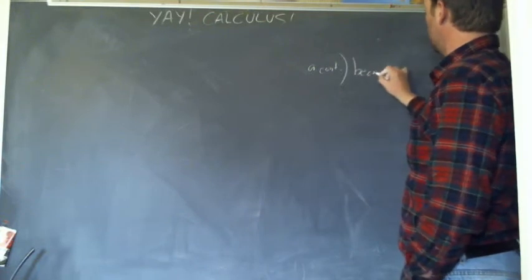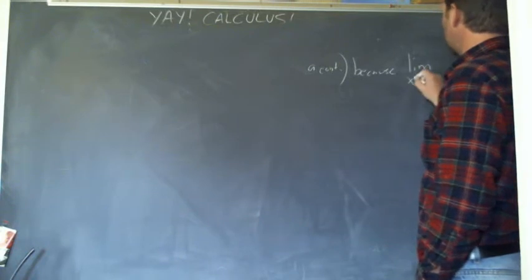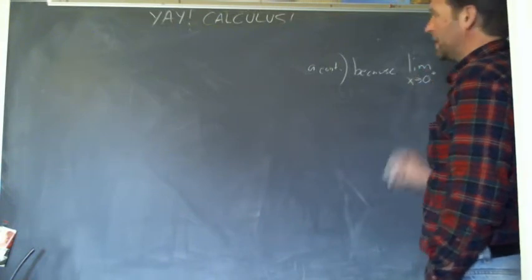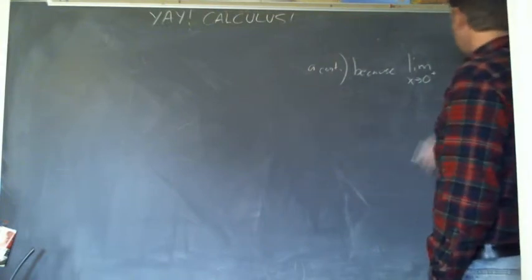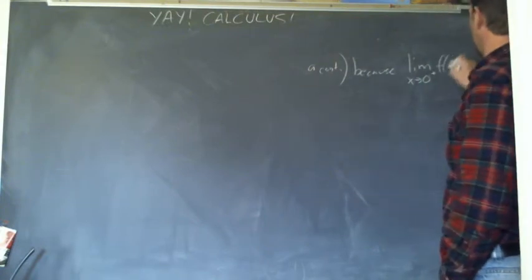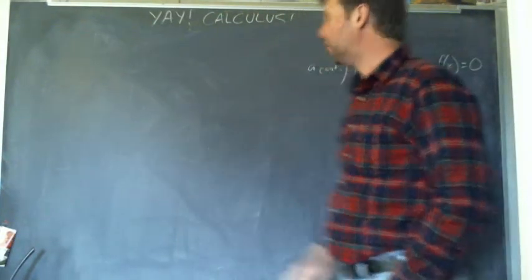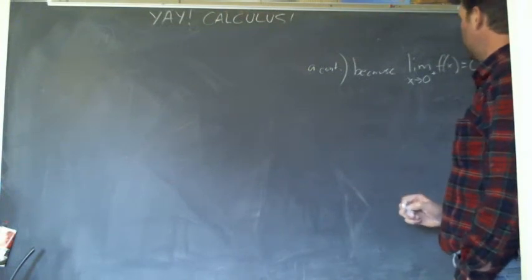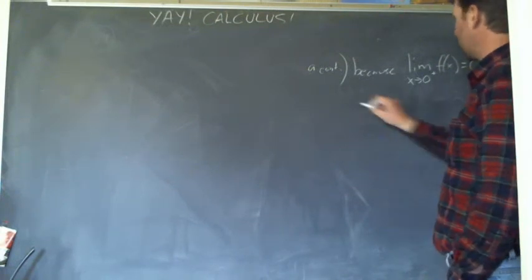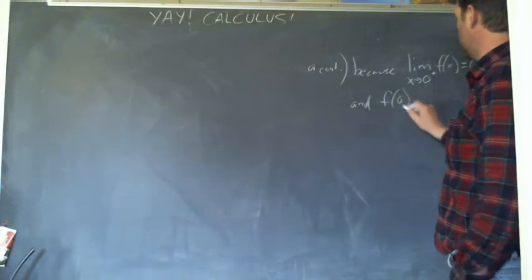Because the limit as x approaches 0 from the positive side, because that's where it was coming from on this side, of f of x equals 0. So we're heading towards that point. And it's defined, and f of 0 was 0.